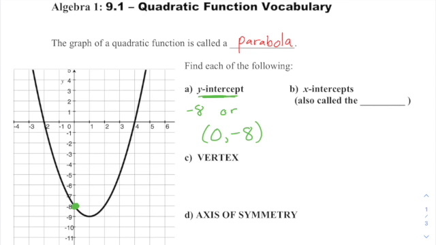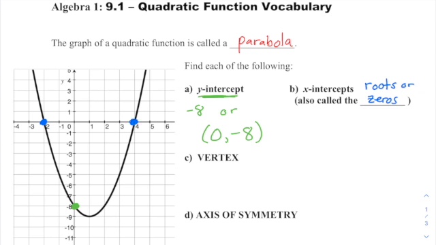Okay, the x-intercepts for the graph, those are right here where the graph hits the x-axis, and there are 2 of them. But you might also see them referred to as the roots of the function or the zeros of the function. So if anybody asks you for the x-intercepts or the roots or the zeros, they all essentially mean the same thing.